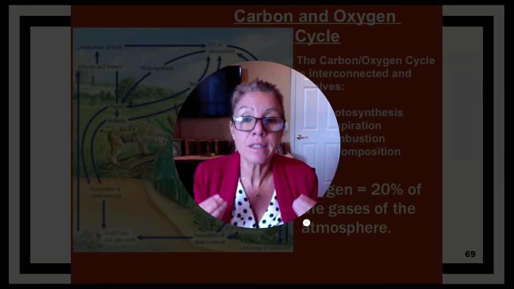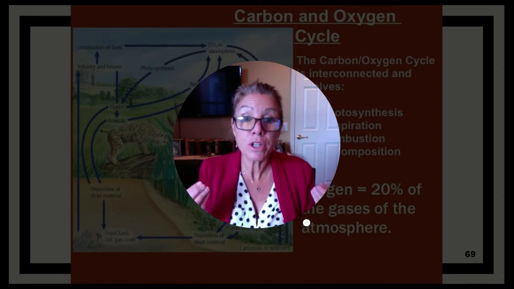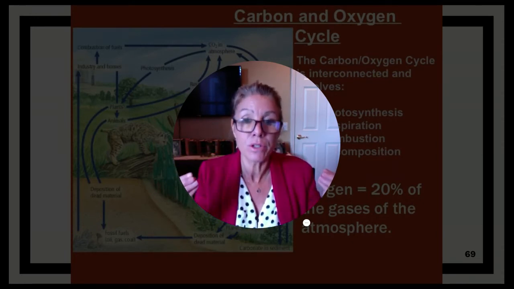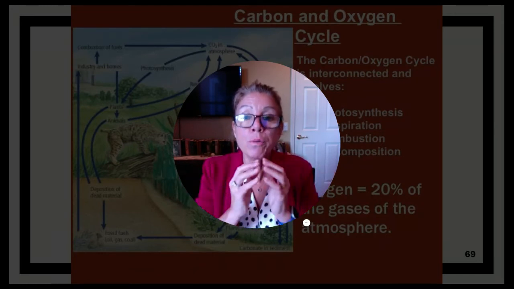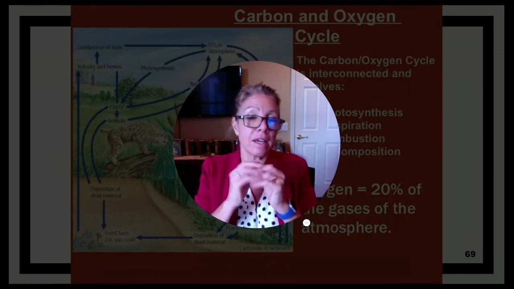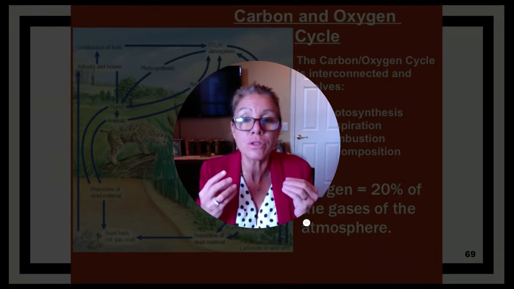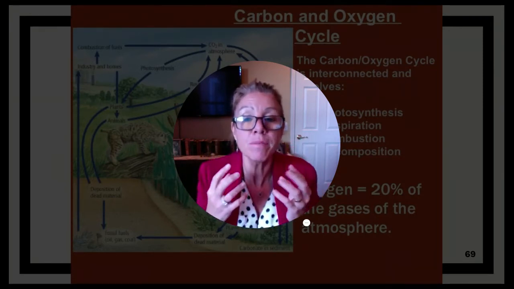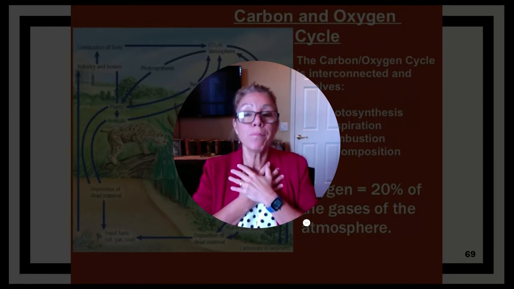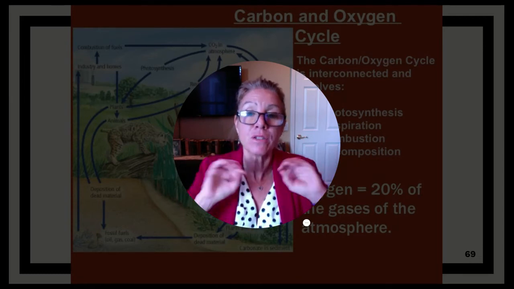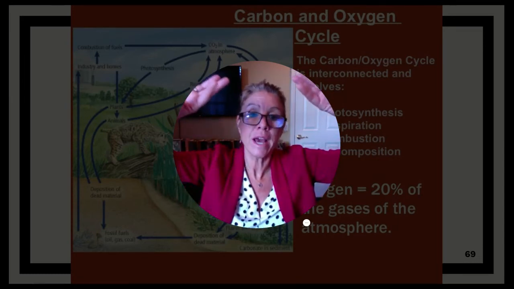Any organism that does cellular respiration, who does cellular respiration? All organisms. They're going to generate CO2 as a byproduct. When you burn something, whether it's in your fireplace, your car, or any industry, it's just like how in our bodies we burn sugar. A byproduct of burning something is CO2 in the atmosphere.